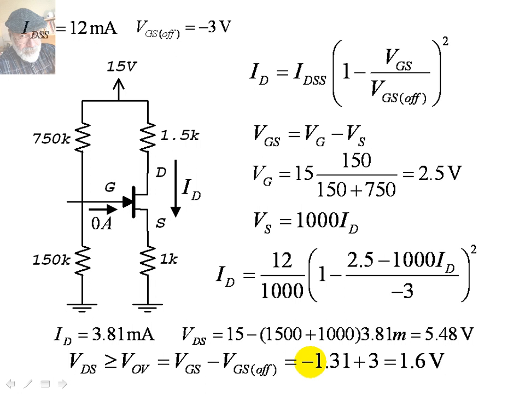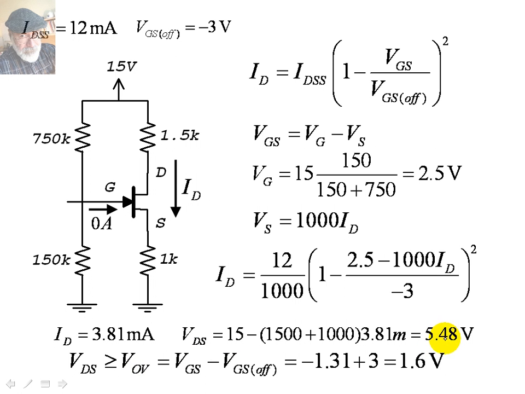Compute it: 2.5 minus 1000 ID, that is 2.5 minus 3.8 volts, that is negative 1.3 volts. Minus the pinch-off of negative 3 volts, that is 1.6 volts, that is the overdrive voltage.